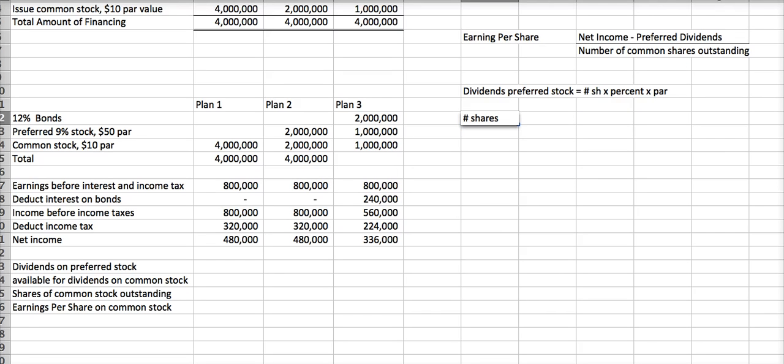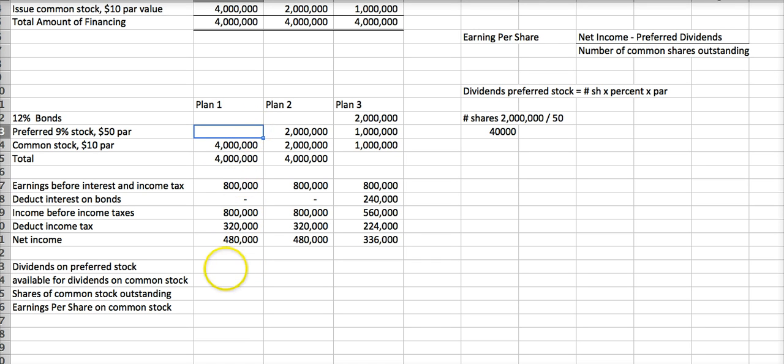Alright, so we can calculate our number of shares of preferred stock by saying 2 million, this is for Plan 2 anyway, divided by the $50. And when we do that, we get 40,000 shares of stock. Alright, so let's come down here. How much dividends do we have? It's a trick question because why?